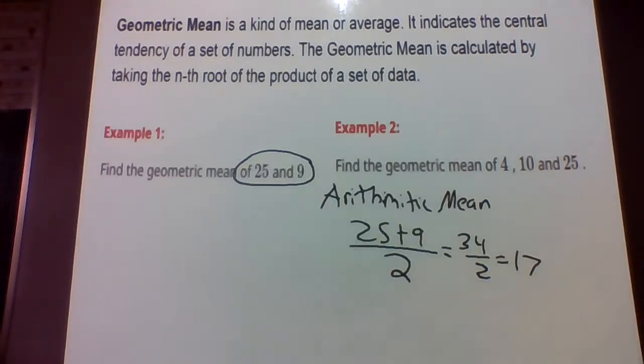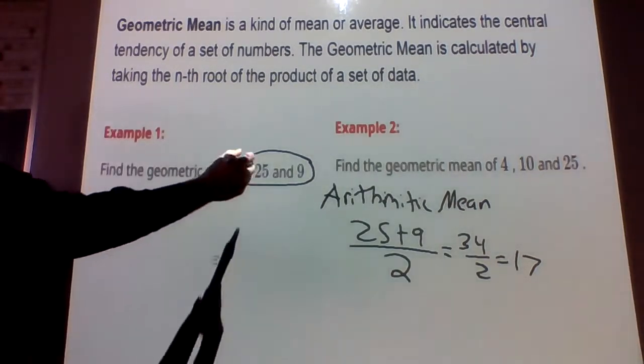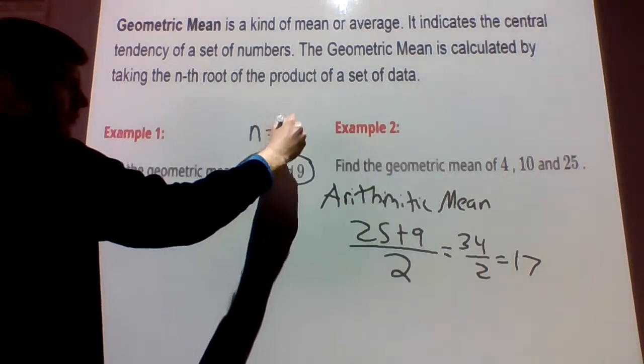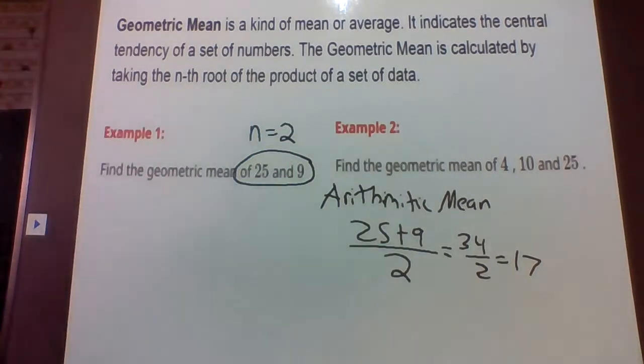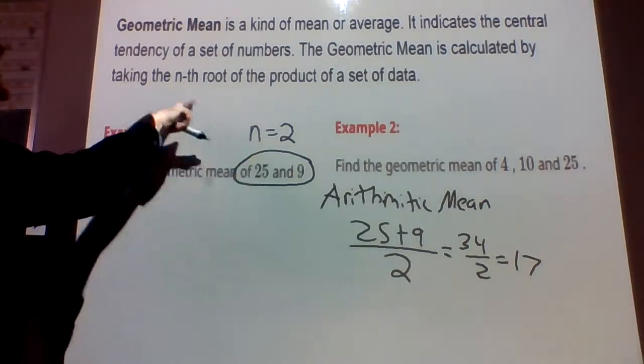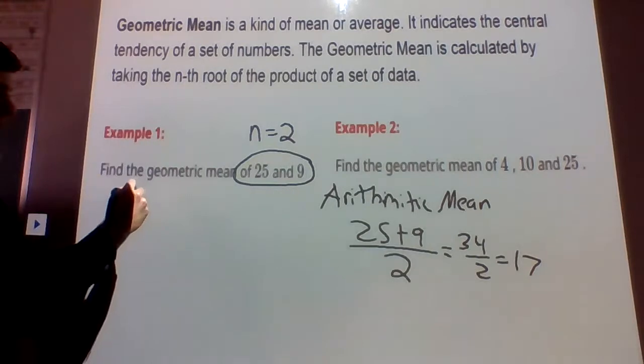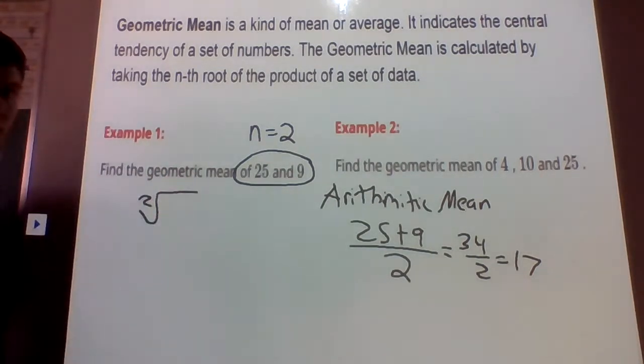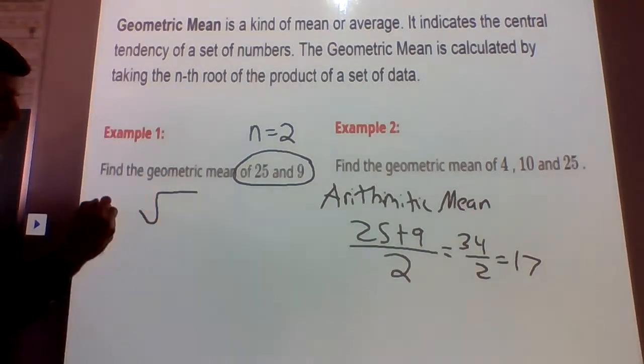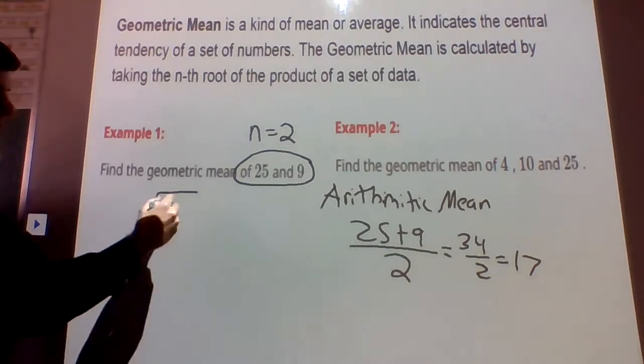It's telling us that it's going to be calculated by taking the nth root of the product of the data set. So here we have two numbers, so n is going to equal 2. The product of the data set, so it's the second root. So the second root is a square root, so we don't need to write the 2 of the product.